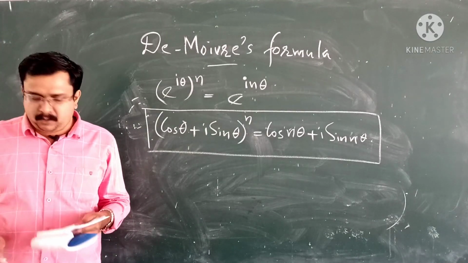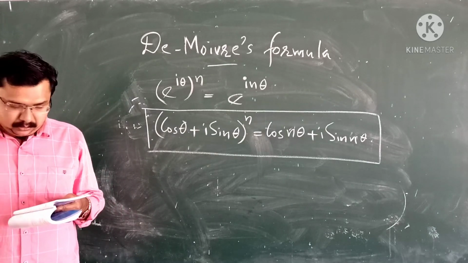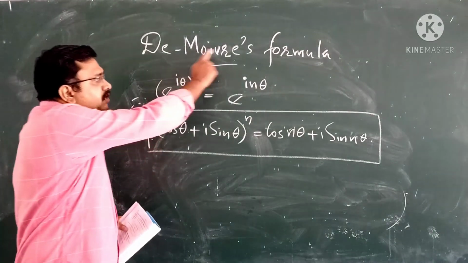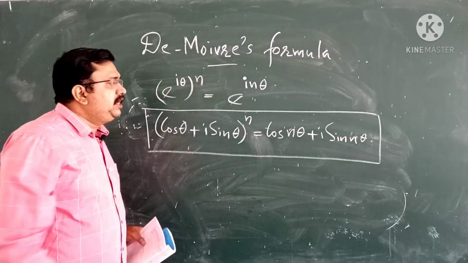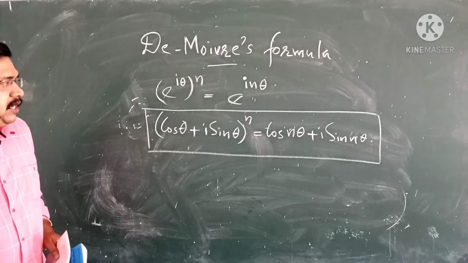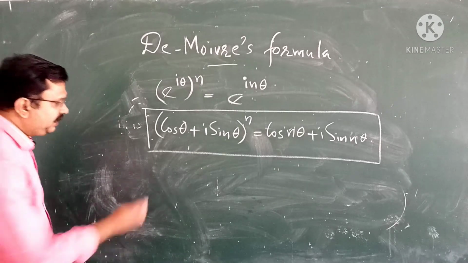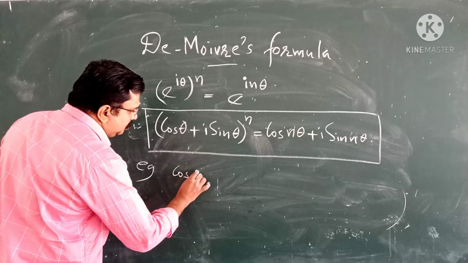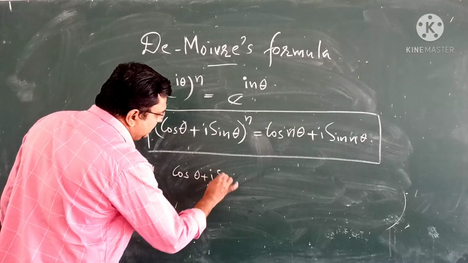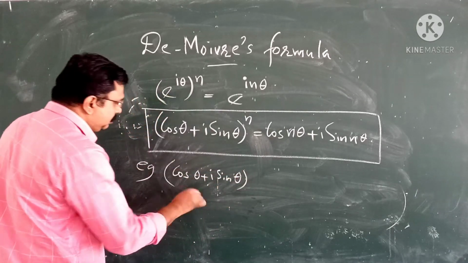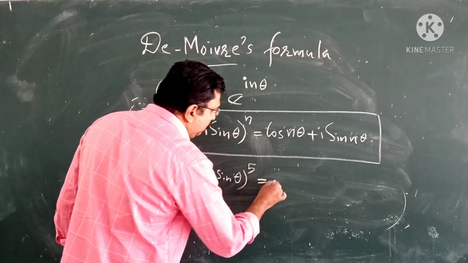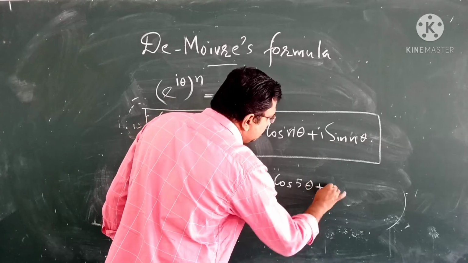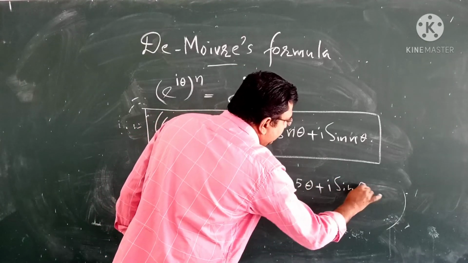Next we can do a problem. Please write down De Moivre's formula. This one is called De Moivre's formula. Okay. For example, I will write an example. (cos theta plus I sin theta) the whole raised to 5 equals cos 5 theta plus I sin 5 theta.